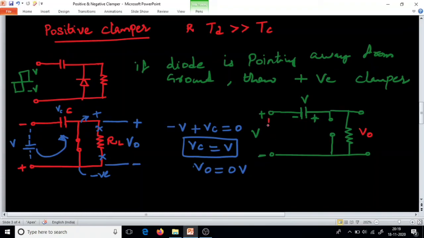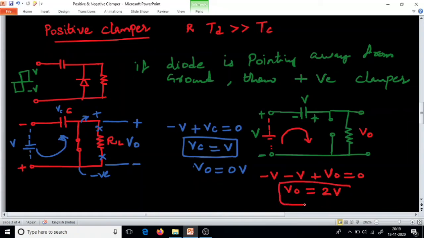The capacitor is equivalent to a battery connected like this, plus minus, and the current flows to the load. Minus V, that is the previous capacitor voltage, plus V out equals 0. So V out equals 2V.